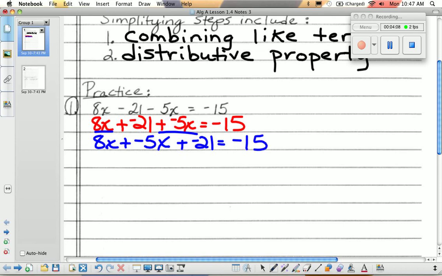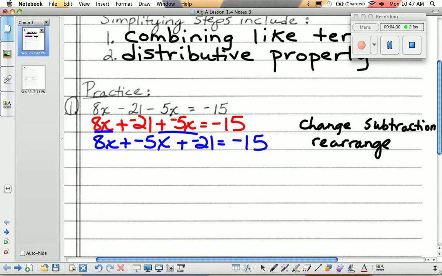On this step we did change subtraction, and on the next step all we did was rearrange. We've really not even done any simplifying yet.